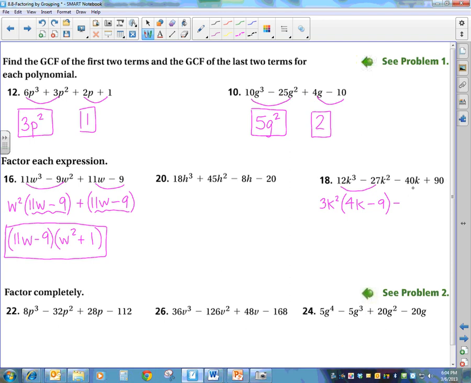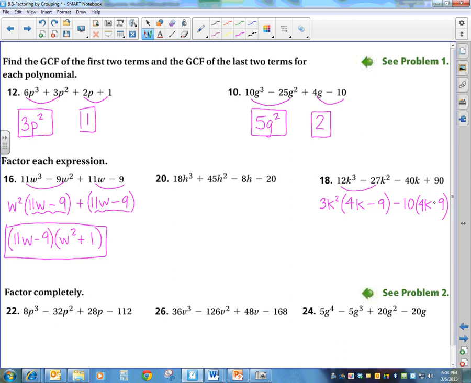Okay. What do they have in common? I hope you can see they both end in 0. That means they have a common 10. So 10 out of 40k leaves you with 4k. 10 out of 90 leaves you with 9.